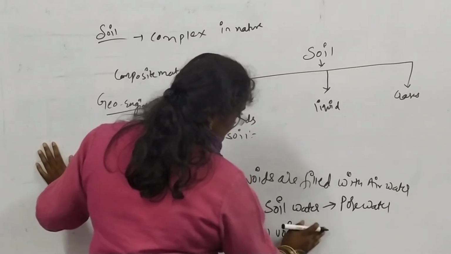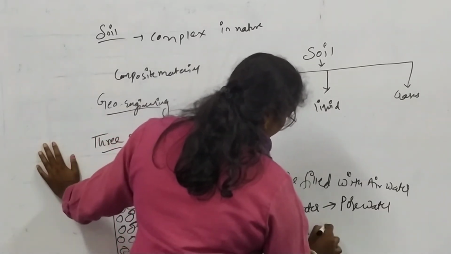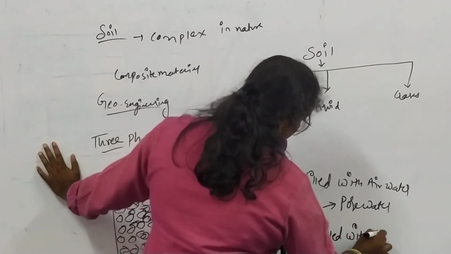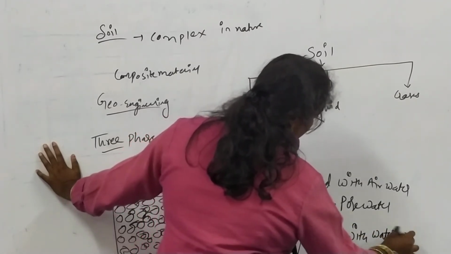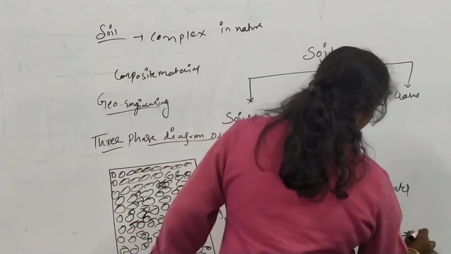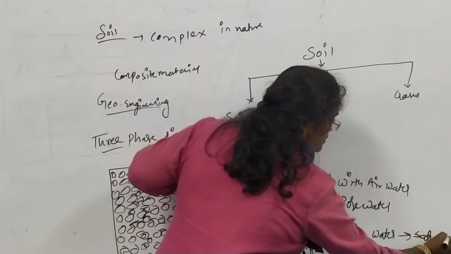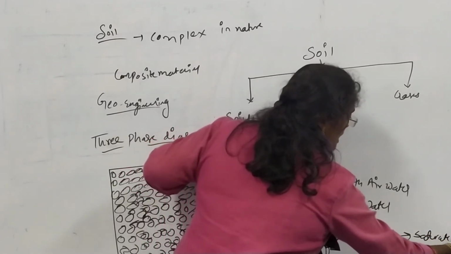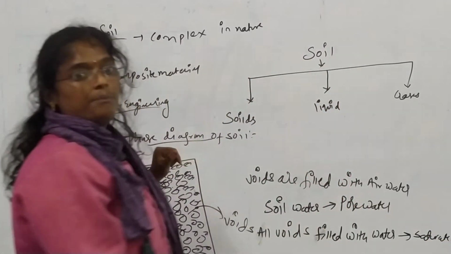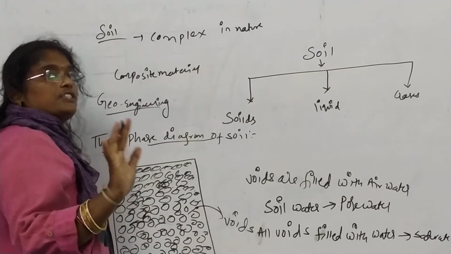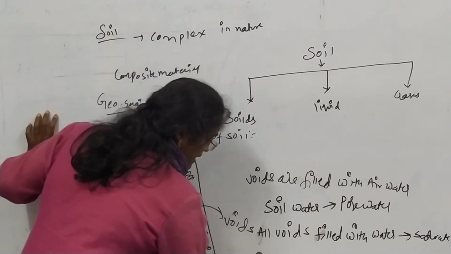If all voids are filled with water, then that soil is known as saturated soil. It means the complete soil is filled with water, so there is no chance of air. Right?